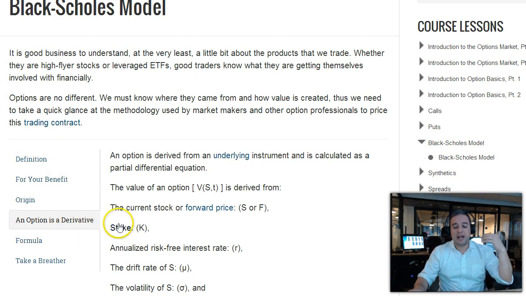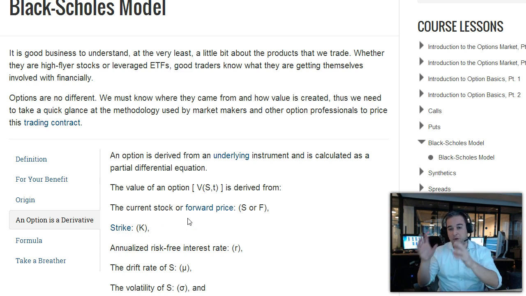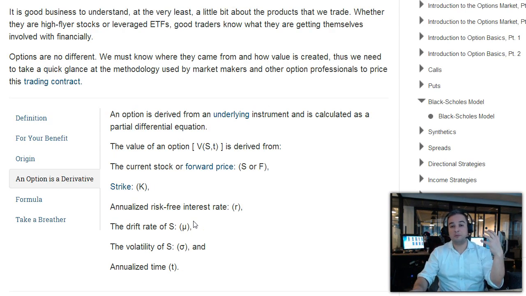So we have the different inputs in an option price, call and put. The equation for a call is different than the equation for a put, but the general inputs are the same. You have the stock price, more importantly, the spot forward price, which takes into consideration dividends, your strike, your interest rate, which right now is 0, but it's not going to be always 0, and you have a drift rate in a stock, but we're not really focusing on that input.